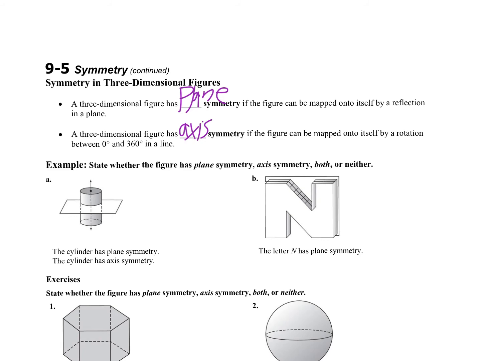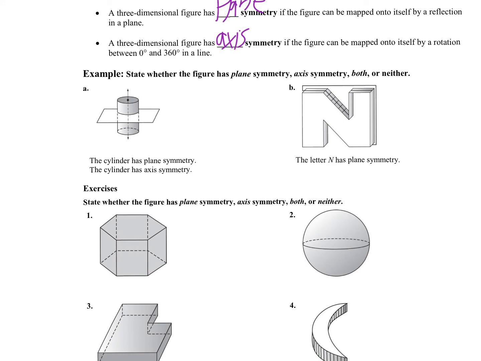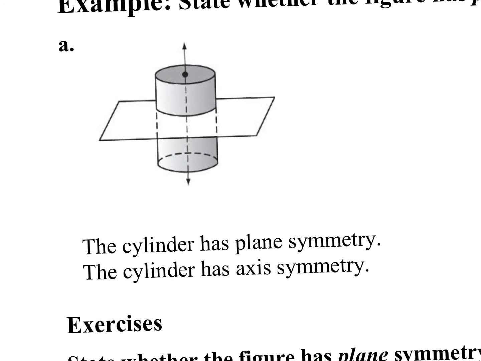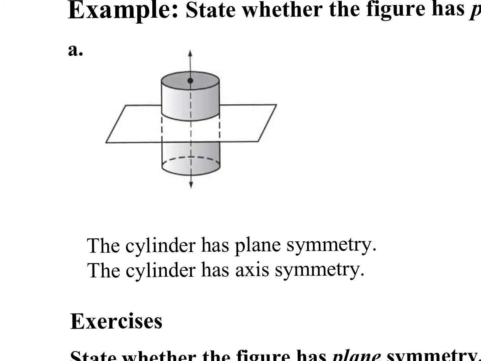So, example A: state whether the figure has plane symmetry, axis symmetry, both, or neither. If we look at it, we have some cylinder. That cylinder has a central axis that we can draw a line through and rotate around.